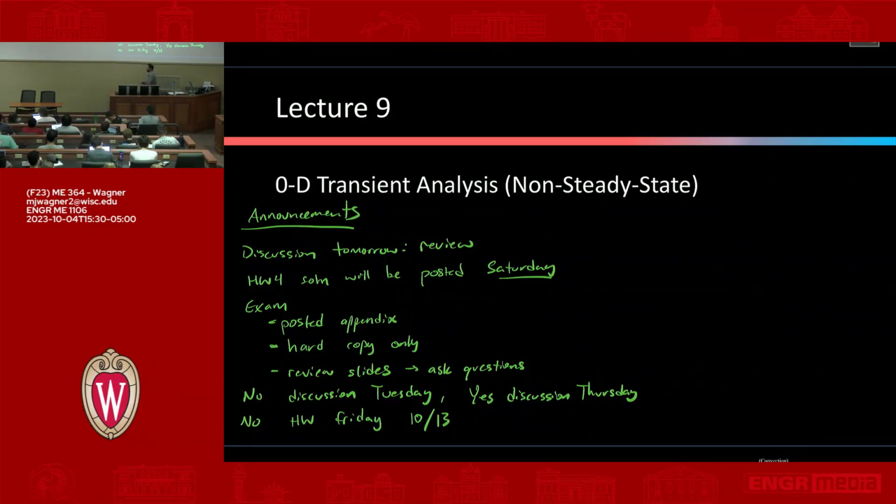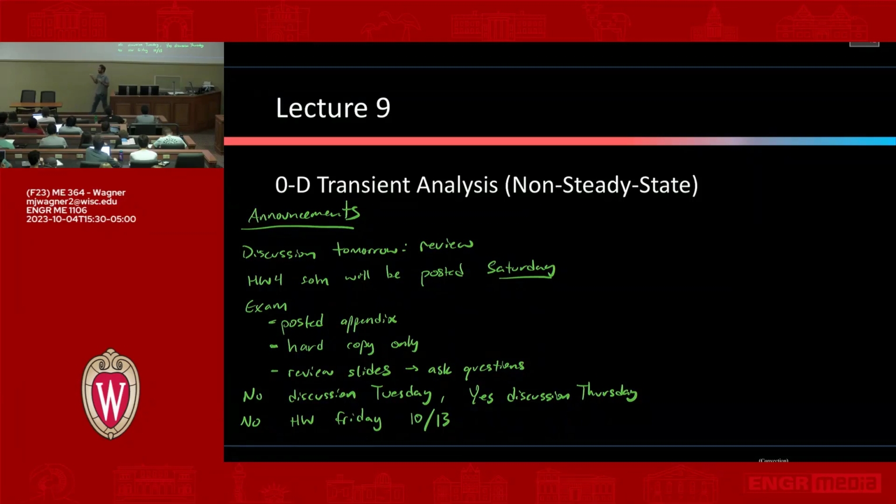Shifting gears a little bit, we've gone through now all of this steady state analysis. We are now going to dive into transient analysis. The difference is in steady state, we're always assuming that enough time has elapsed where the system reaches some equilibrium. Maybe the temperature on one side and the temperature on the other side settle into their values, and there's heat transfer occurring, but it's not changing with time.